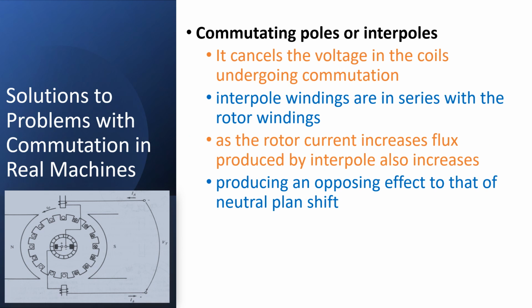For the commutating poles or interpoles, what they do is cancel the voltage in the coil undergoing commutation. Interpole windings are in series with the rotor windings, so as the rotor current increases, the flux produced by the interpole also increases, producing an opposing effect to that of the neutral plane shift.